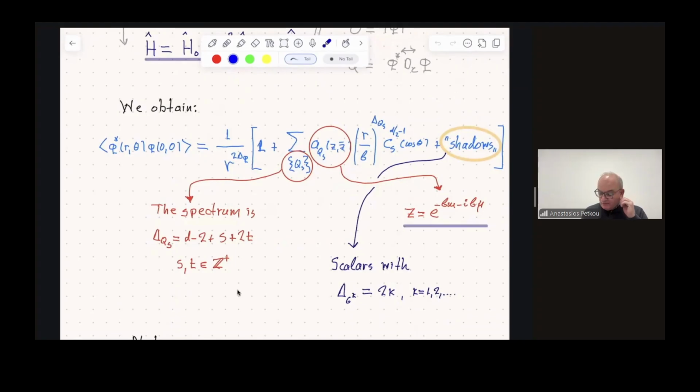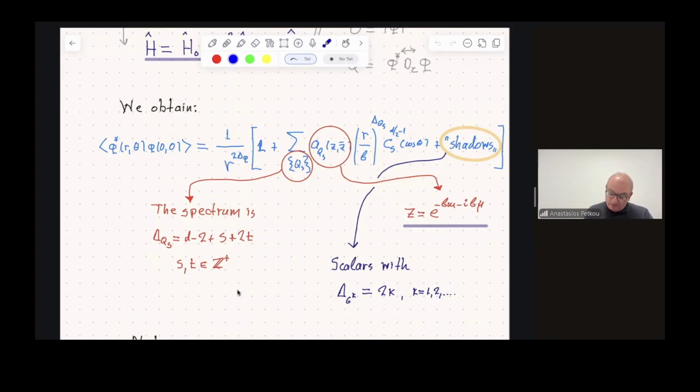And the spectrum is the following. Let me talk to you about the spectrum. The spectrum involves higher spin fields with dimensions d minus 2 plus s plus 2t, where t is the twist. So it involves operators that have more boxes on phi.